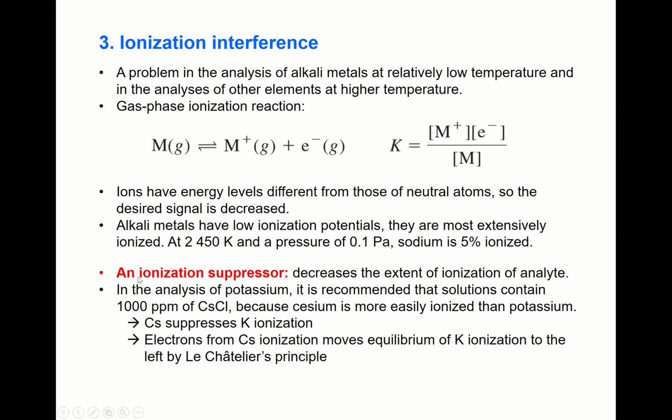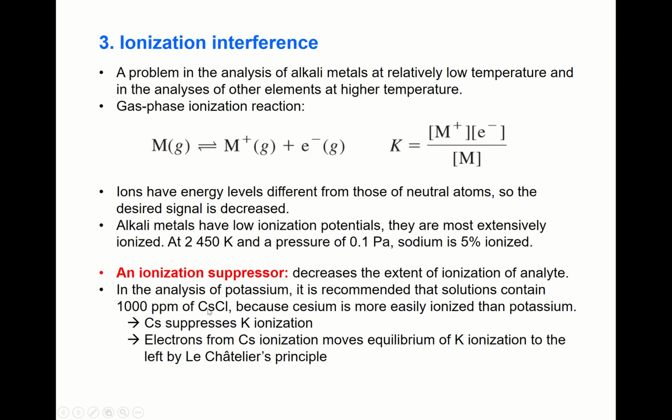And so we need an ionization suppressor. This suppressor decreases the extent of ionization of an analyte. If we add this ionization suppressor, this reaction moves to equilibrium, moves to the left side. In the analysis of potassium, which is also an alkaline metal, it is recommended that the solutions contain 1000 ppm of cesium chloride, because cesium is more easily ionized than potassium.